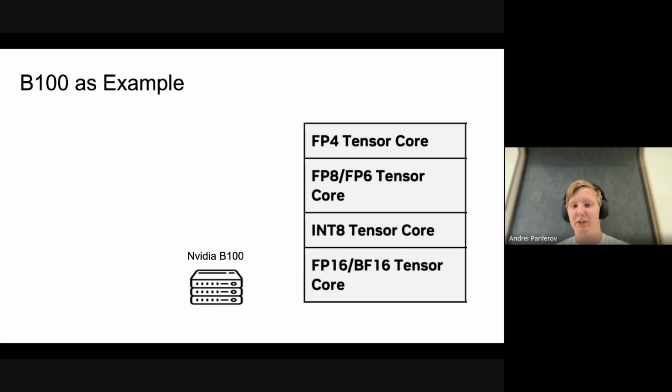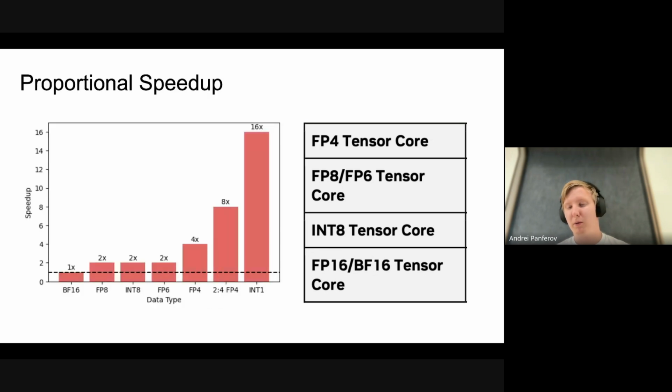When we decrease the precision from those formats down to more basic data types, such as integer 8, FP4 or FP6 tensors, we can achieve speedups that are proportional to how much we decrease the data type. For example, on the B100 GPU, the latest Blackwell generation GPUs from NVIDIA, the main data types that they push are FP4, FP8, and even implicitly they support binary operations, meaning that you can achieve up to 16x speedup on the operations that you want to perform.